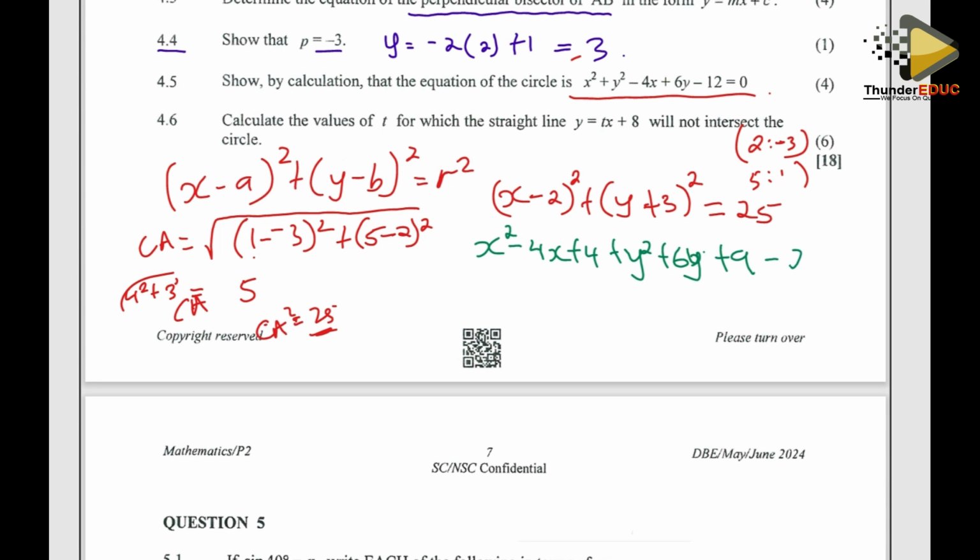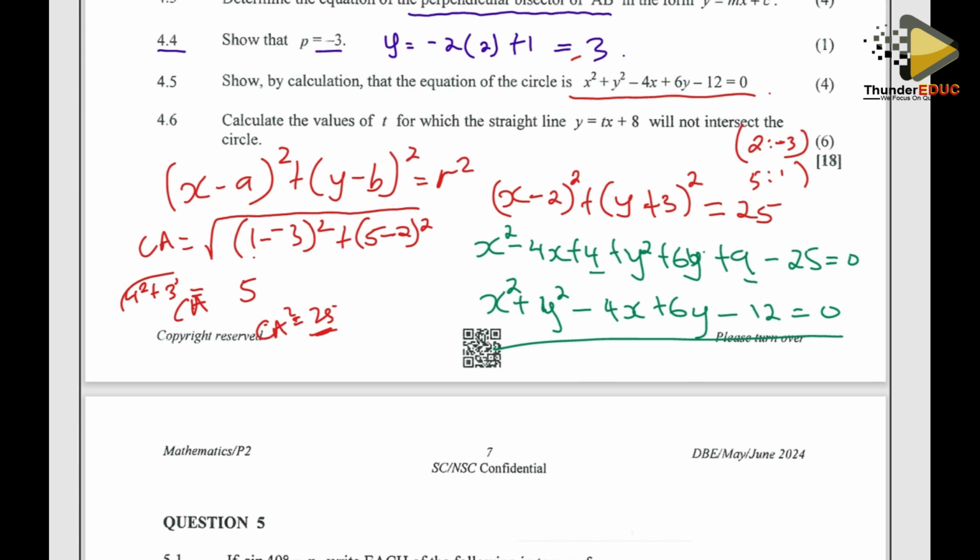I can transpose the 25 to that side so I have my 0. Group everything: x² plus y² minus 4x plus 6y. Then 4 plus 9 is 13, and 13 minus 25 gives us -12. So that is the equation that they wanted.